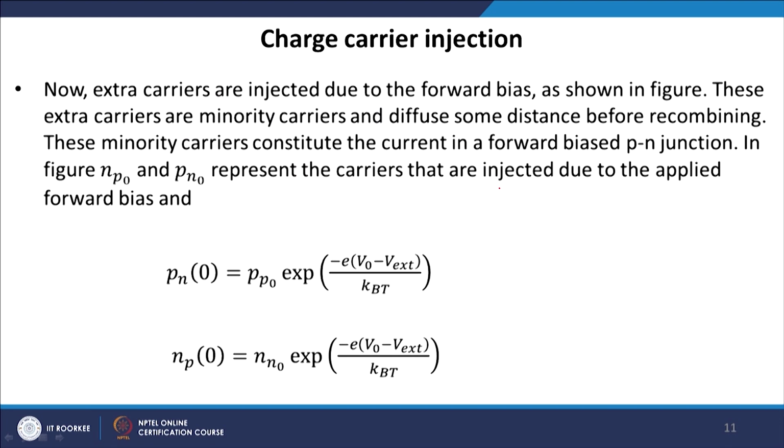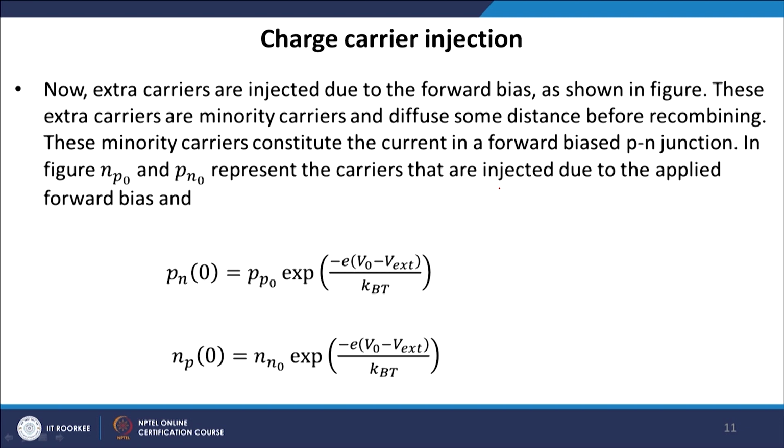Now, extra carriers are injected due to the forward bias as shown in the last figure. These extra carriers are minority carriers and diffuse some distance before recombining. These minority carriers constitute the current in a forward bias PN junction. In our previous figure, NPO and PNO represent the carriers that are injected due to the applied forward bias.